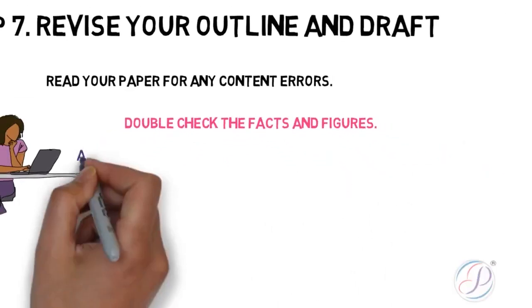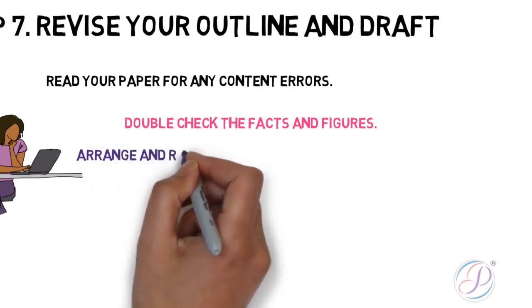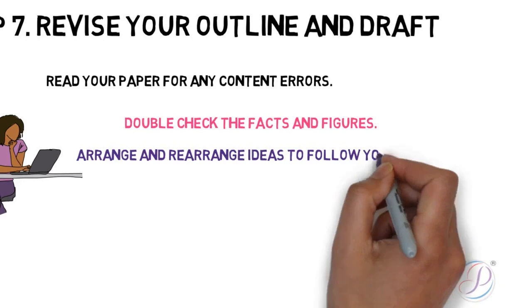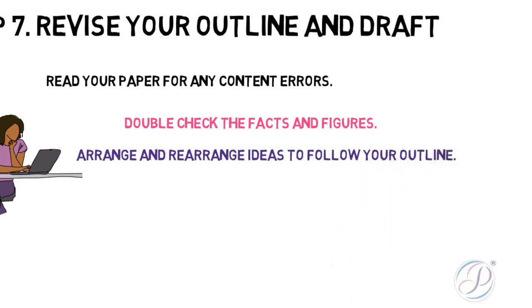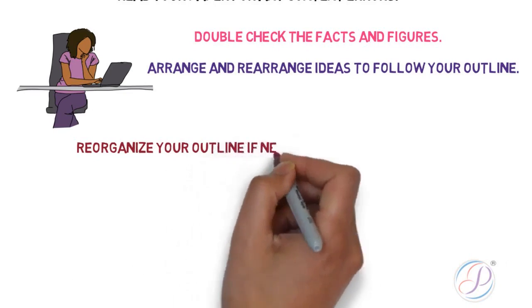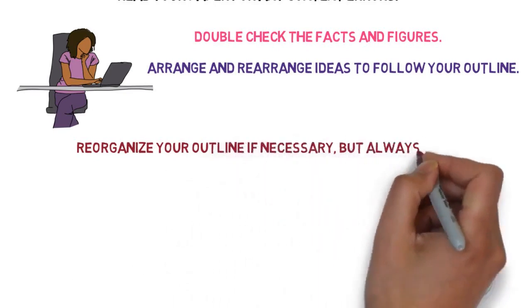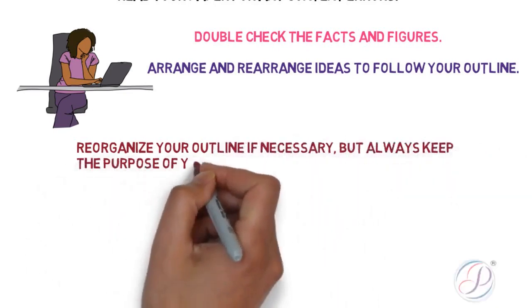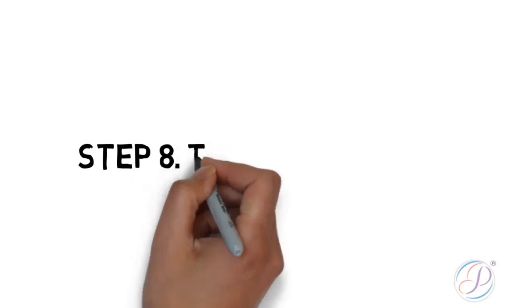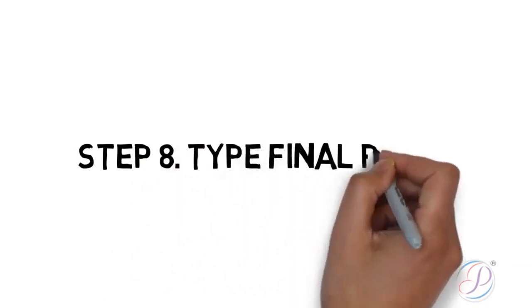This will help you gain a winning edge over others in getting your research paper accepted. Arrange and rearrange ideas to follow your outline. Reorganize your outline if necessary, but always keep the purpose of your paper and your reader in mind, because this is the central point to be noted.